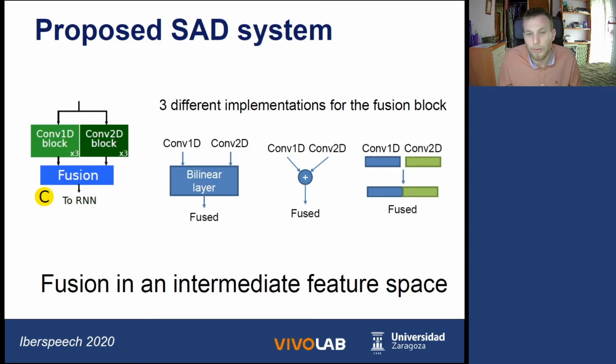Secondly, we use the sum of both feature maps, the 1D and 2D feature maps. And finally, we use the concatenation of the information coming from the 1D and the 2D filters. We will evaluate the 3 of them in our results.